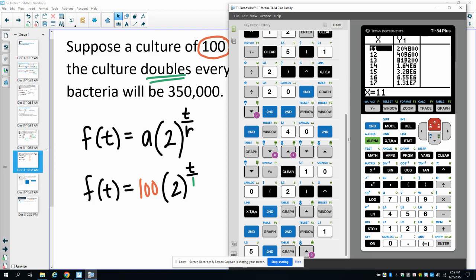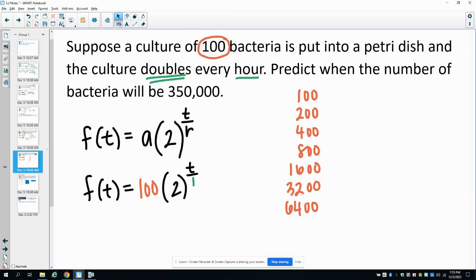So let's keep going down. We see that at 10 it's 102,000, at 11 it's 204,000, and at 12 it's 409,000. So this is going to hit 350,000 sometime after 11 hours, before 12 hours.